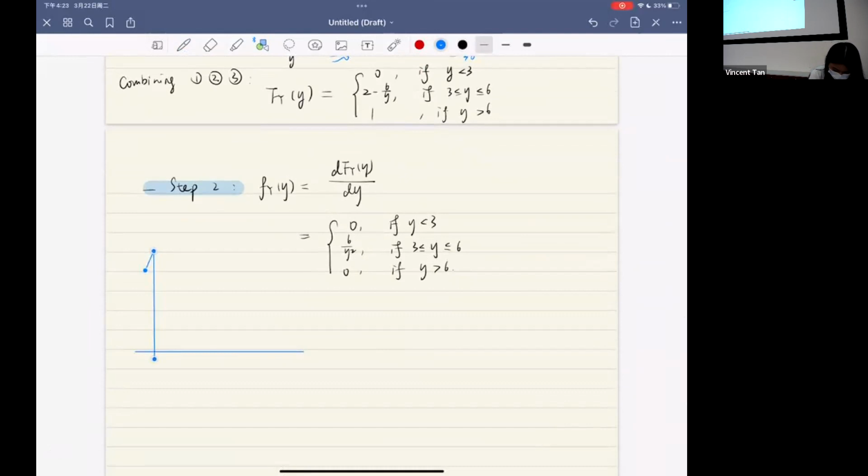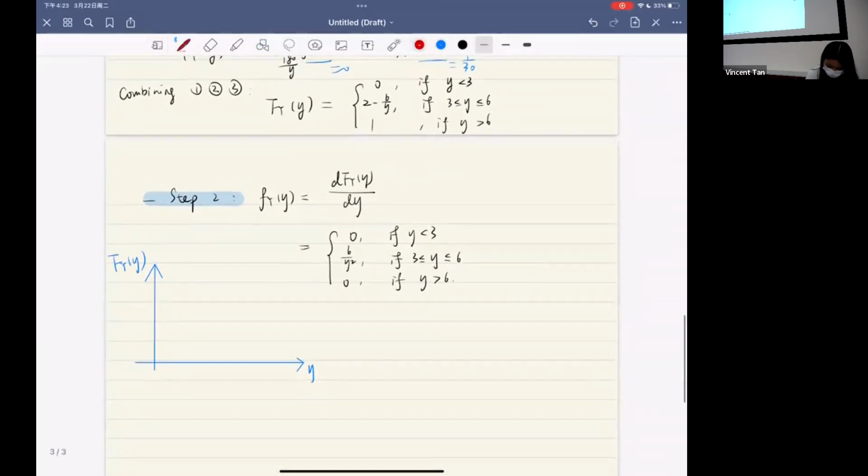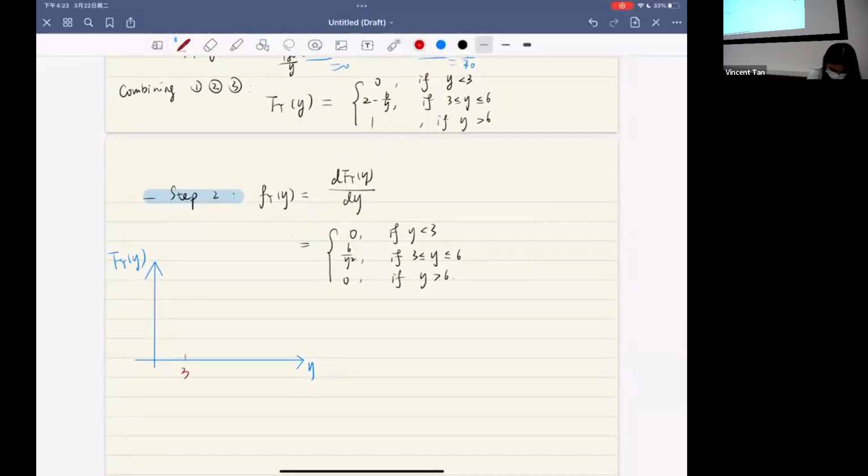Let me draw a figure of the CDF to better understand. From 3 to 6.